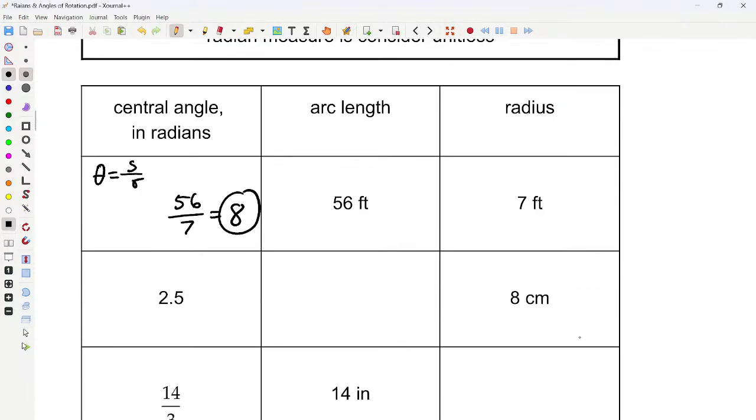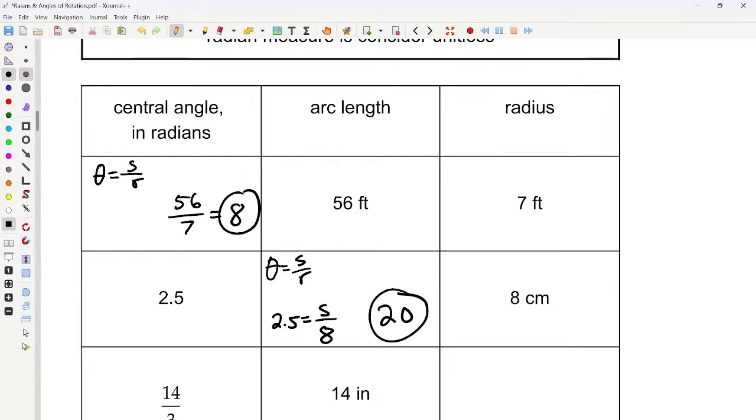Theta is S over R. So me personally, since this is my tablet and my notes, I'm going to write this. I'm going to substitute in the 2.5, and S with 8. And then if I want to find this arc length, just multiply both sides by 8, and we would get 20 as our value.